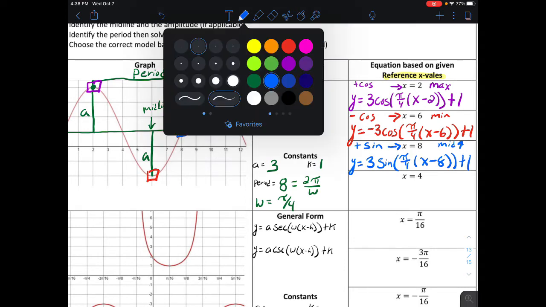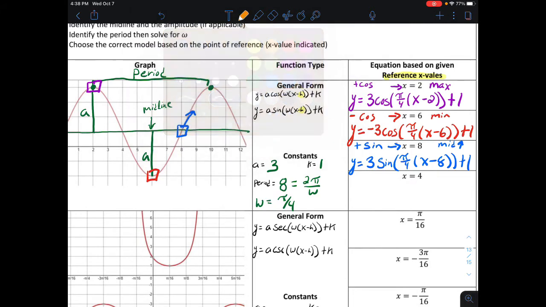And lastly here, we're going to look at, let me choose a color I haven't used yet, we'll go with this one, at x is equal to 4. Well, x is equal to 4, I'd actually go backwards a little bit here. I have that point right there, which is a midline. And as we work our way to the right, it's midline going down.